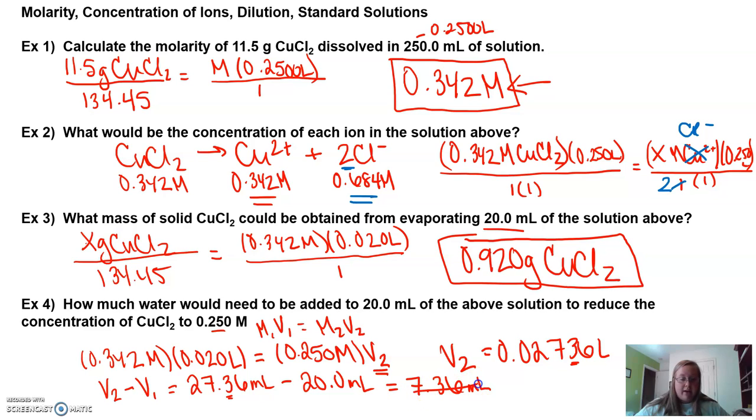And so this final answer should actually be rounded to 7.4 milliliters. So that means you need to add 7.4 milliliters of water to that initial solution in order to dilute it to 0.250.